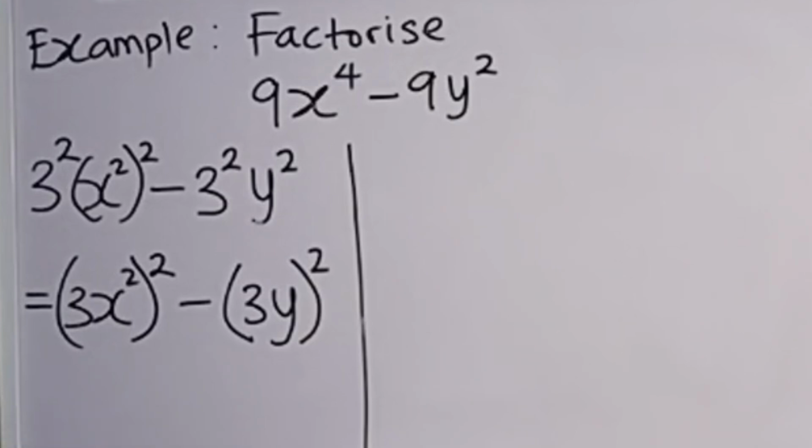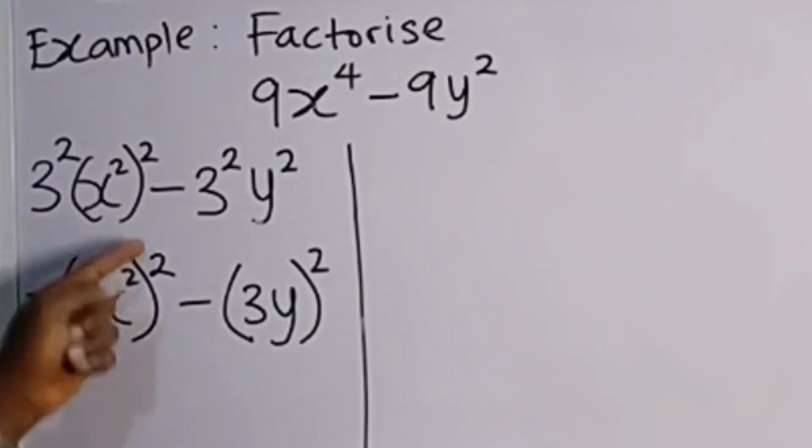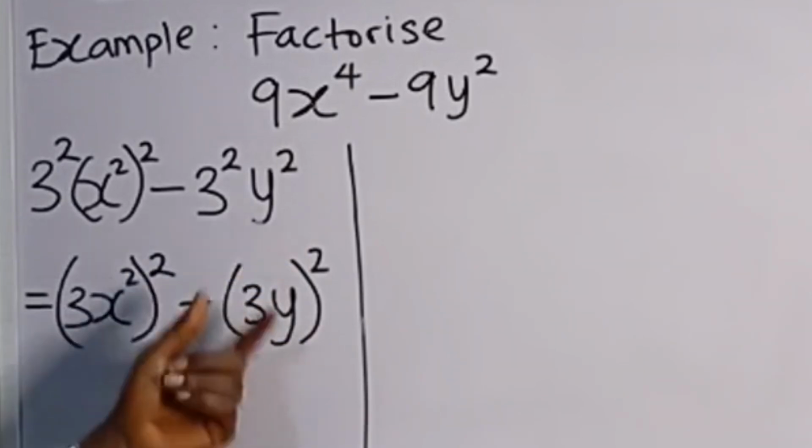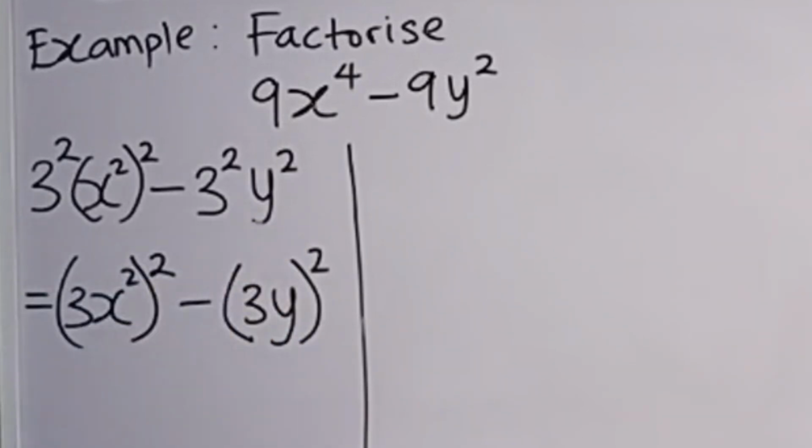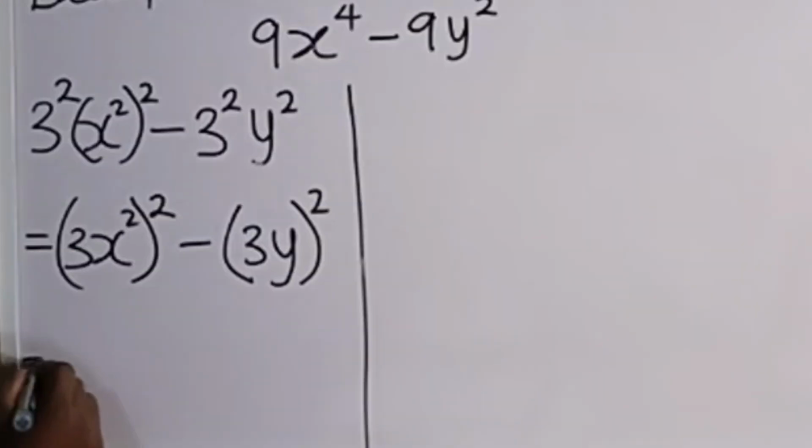So now, do we have difference of 2 squares? Here we have a squared value subtracting another squared value. So we can apply difference of 2 squares. So we open 2 parentheses.